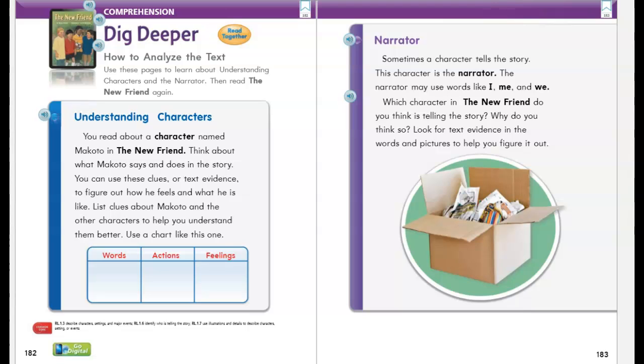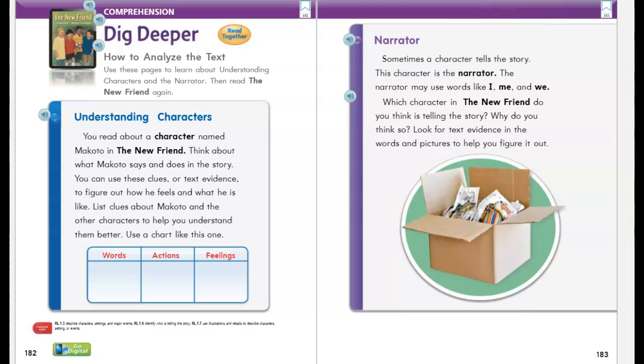You can use these clues or text evidence to figure out how he feels and what he is like. List clues about Makoto and the other characters to help you understand them better. We will use a chart like this one below to describe our characters' words, actions, and feelings.